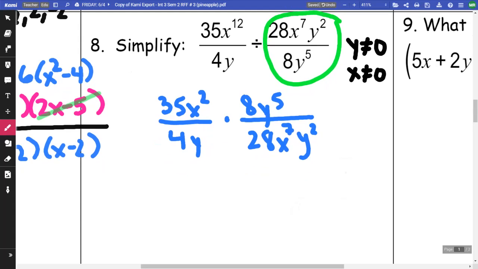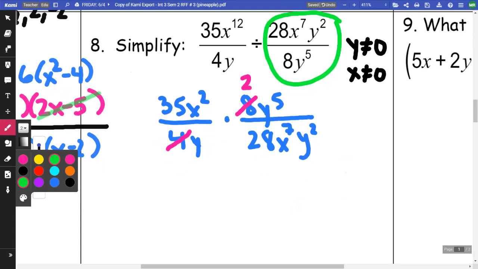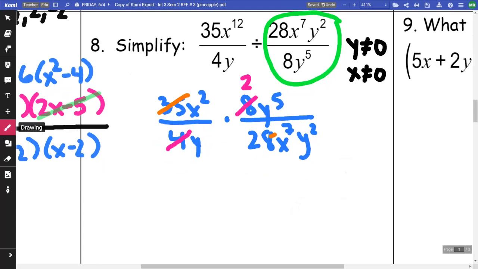And now I'm going to do a little simplifying in terms of my numbers. So 4 goes into 8 twice. And let's see. My 35 and my 28, I can take a 7 from both of them.